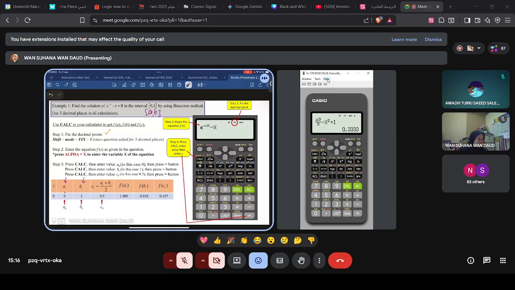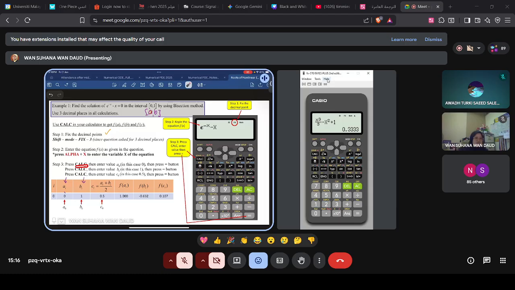The concept of the bisection method is that you make the interval smaller and smaller until the value converges to the solution. The initial interval is 0, 1. The midpoint is 0.5, where a plus b divided by 2. Here f(a), f(b), f(c) are found by using CALC.